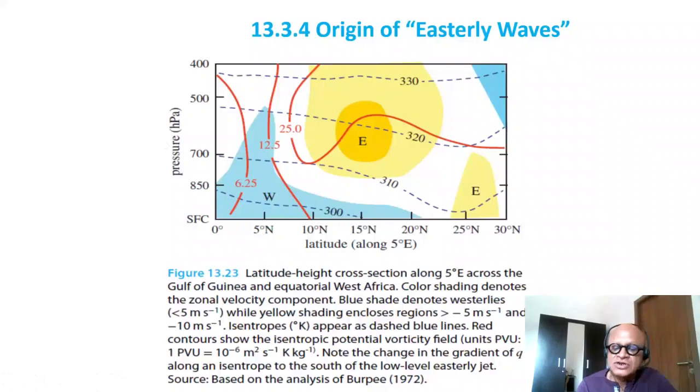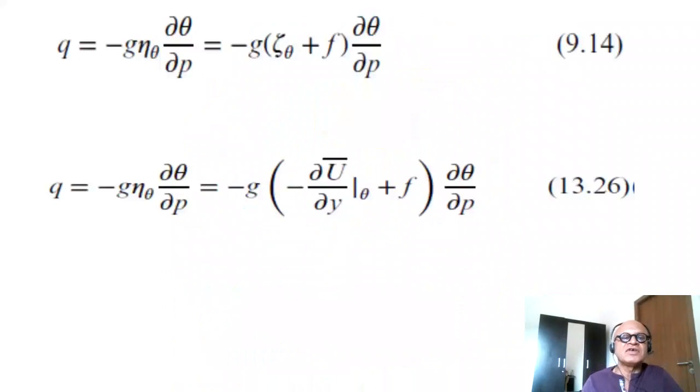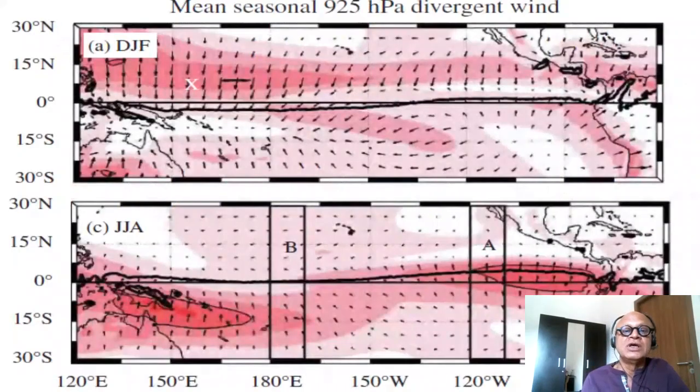And this was considered to be the place where these originated, and people even argued that they are carried across the Americas into the Pacific. We have been looking at easterly waves in the Pacific in the example of transients in the ITCZ, for example, but it turns out that those easterly waves in the Pacific and also in the Indian Ocean are not necessarily related to the generation mechanisms in the West African region with the strong PV gradient.